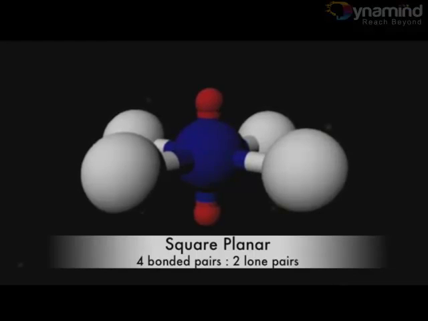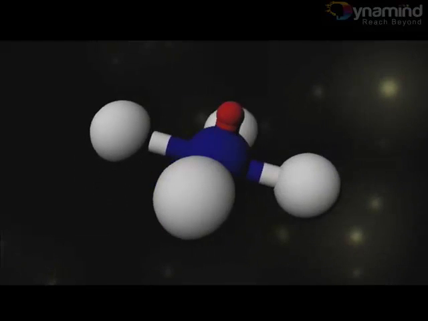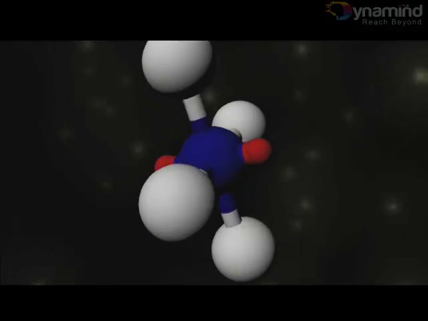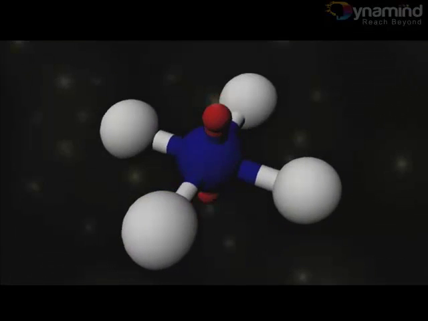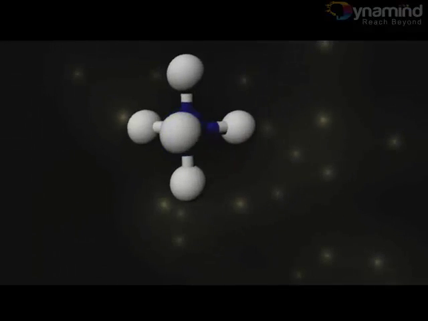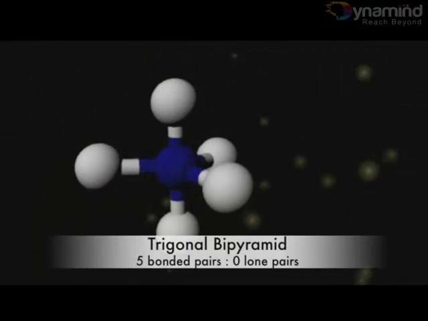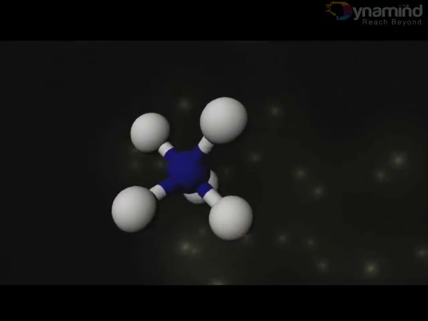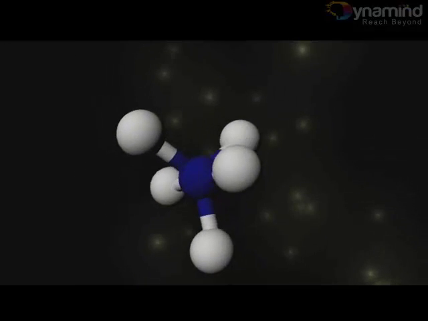This is square planar, 4 bonded pairs and 2 lone pairs. XeF4, just to remind you. So some of the molecules I am giving you, some of those you have to recall. Well, this is trigonal bipyramid, 5 bonded pairs, 0 lone pairs.